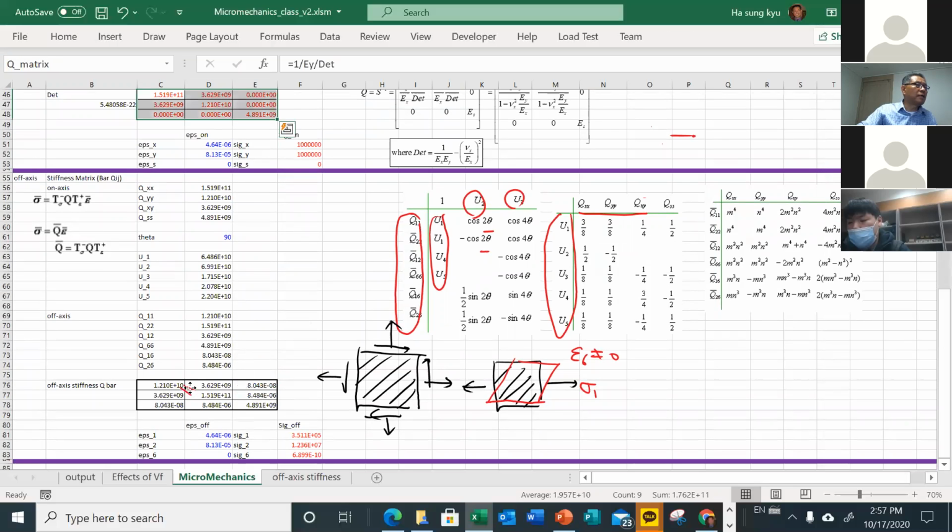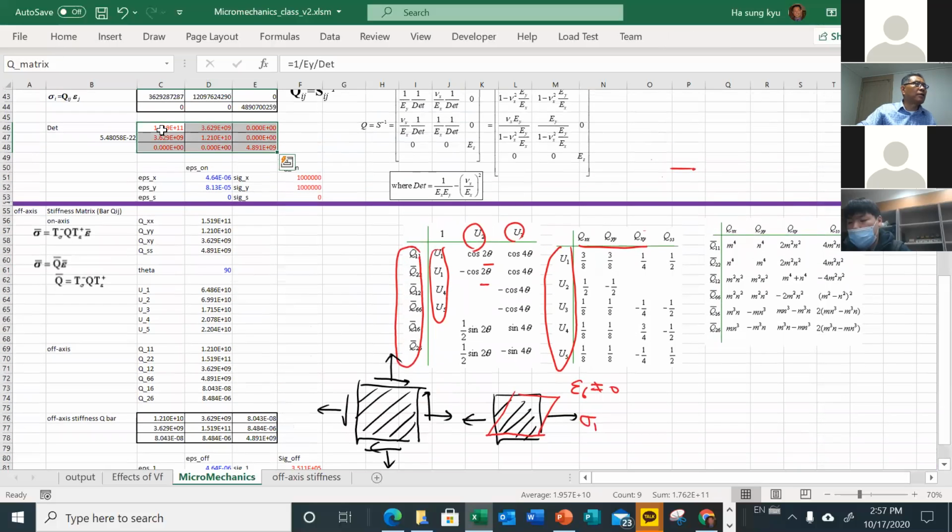It means that QXX will be Q22 and, see here, QYY will be Q11.